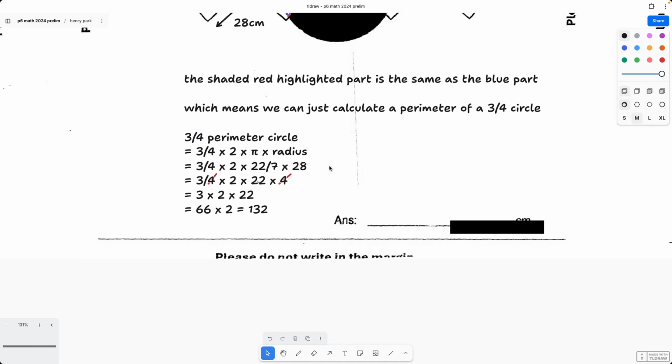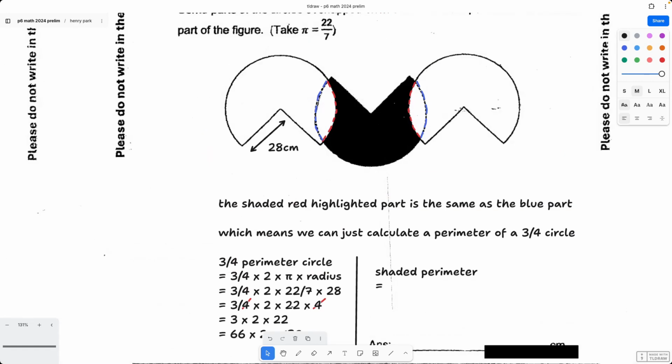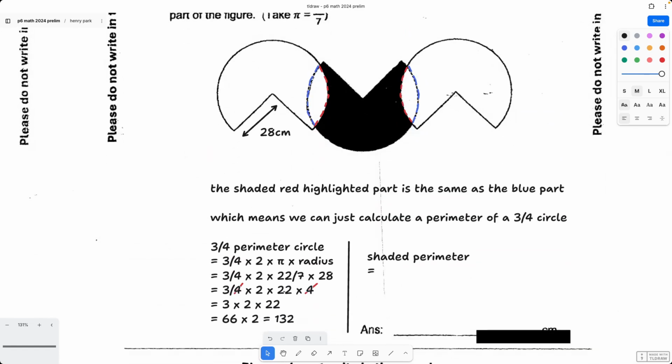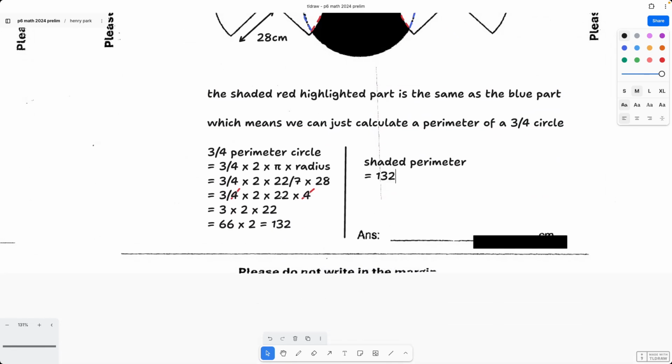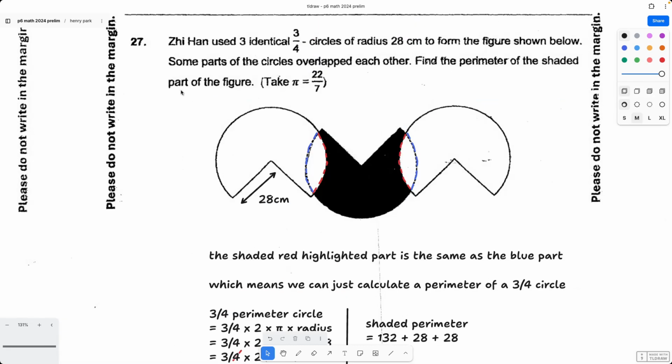All right, and then the last thing that I want to do is the shaded perimeter is equal to the perimeter of the shaded part, 132 plus 28 plus 28. Because we only got the shaded area, which is the circular one, but we also want to get this thing as well.